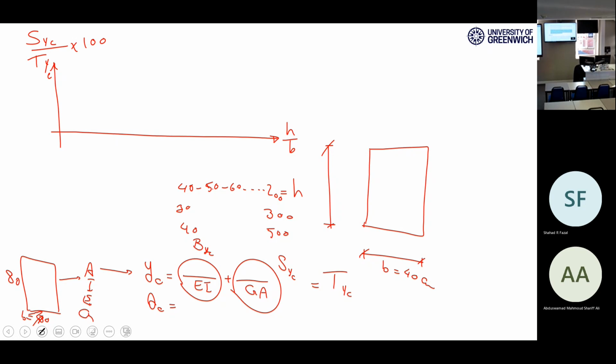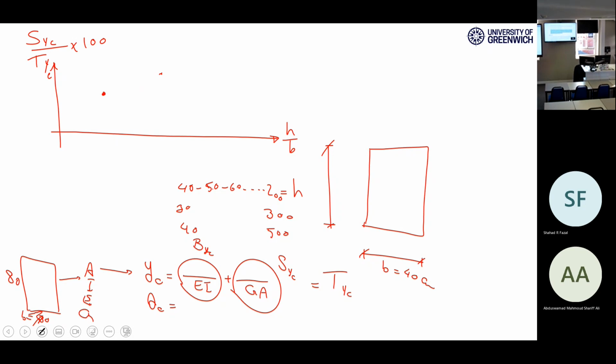This is in the case of YC. For this one, which is 40 by 80, you will get one point here. If you change H to some other parameter, you will get another point.